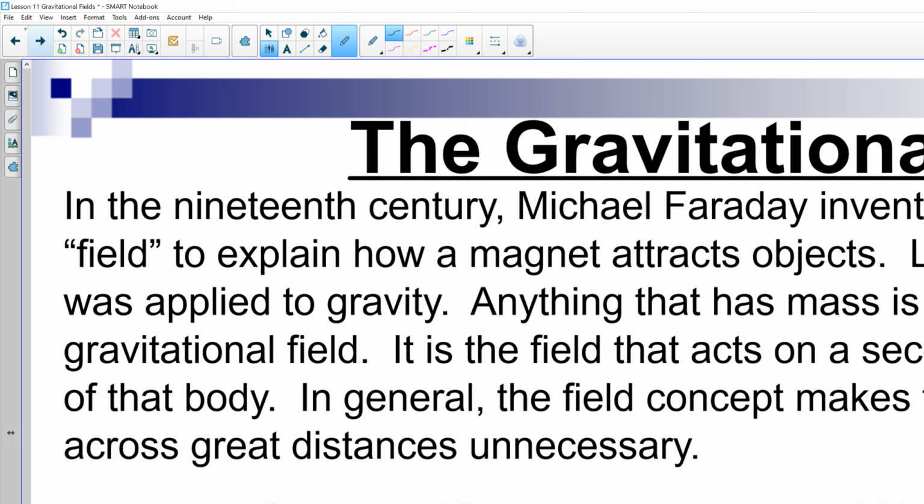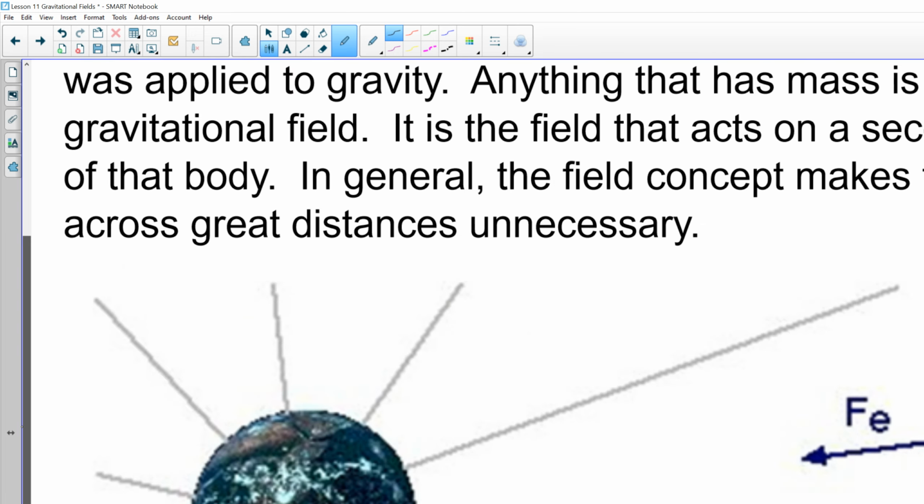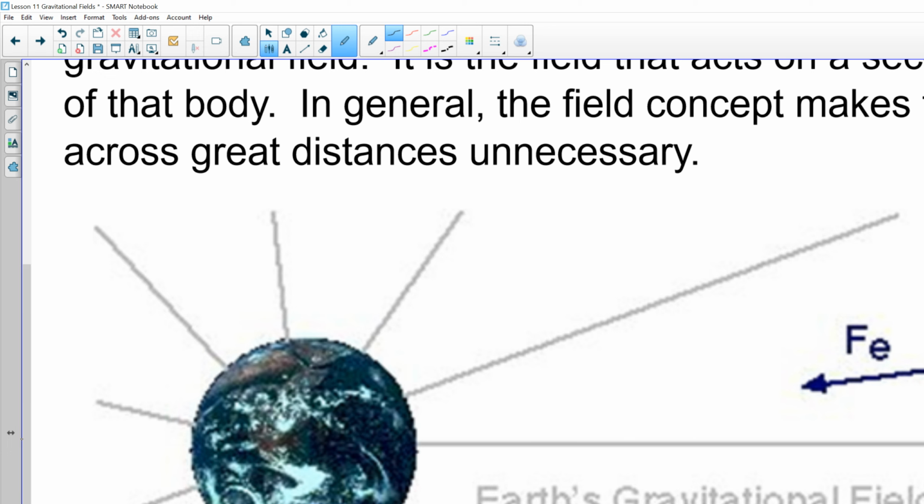All right, so is the moon caught in the Earth's gravitational field? Is the Earth caught in the moon's gravitational field? Yeah, they're both caught in each other's area of influence. Now, what happens to the field strength the further away from the center of the Earth you get? It gets weaker, right?